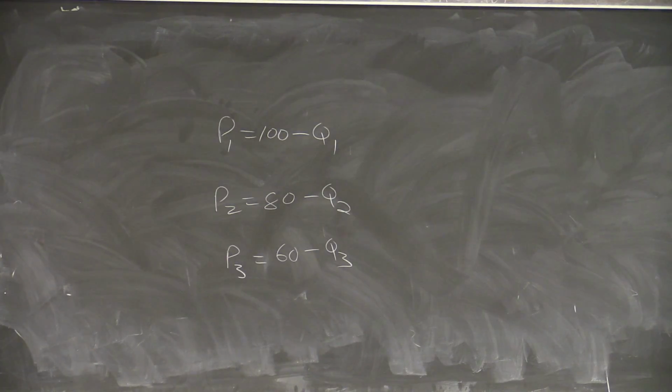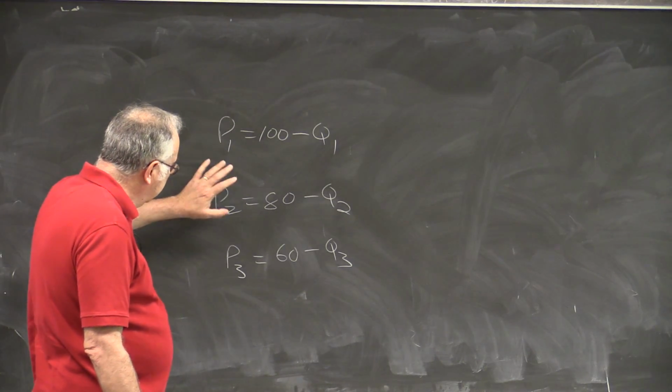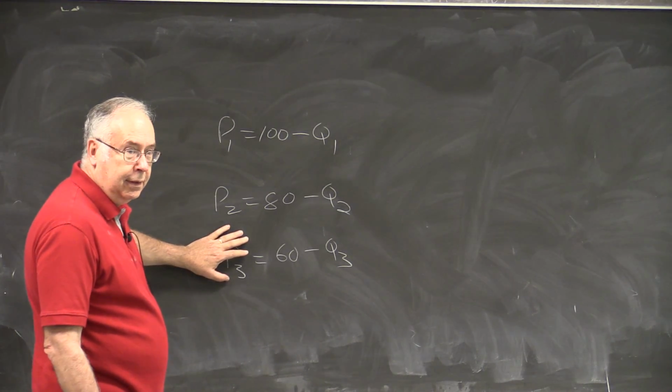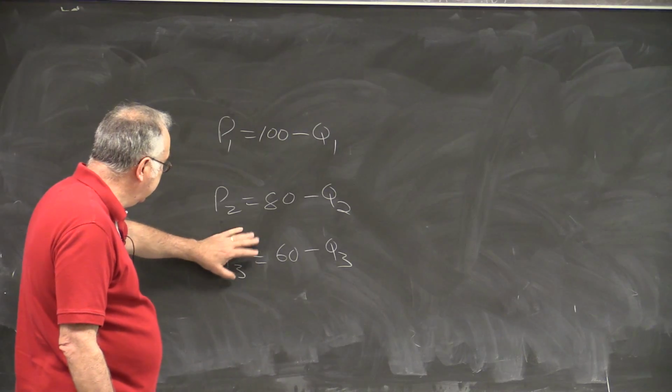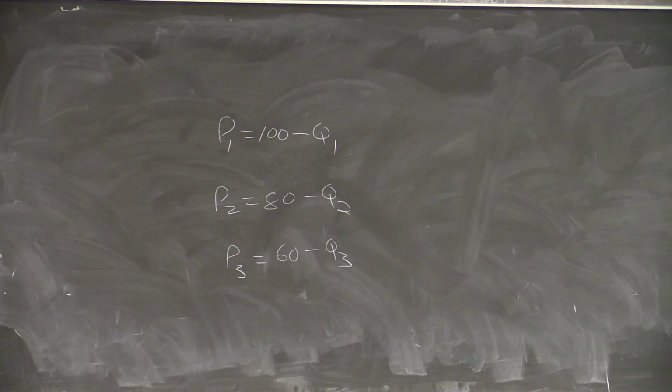And hopefully the senior citizens are not students, so that wouldn't be a problem. Three different groups. So this is the demand for non-students, students, and senior citizens. Let's assume there are no senior citizens who are students, so those are three distinct groups.